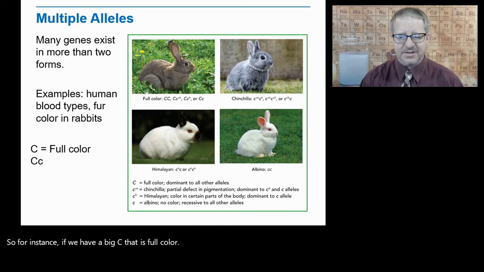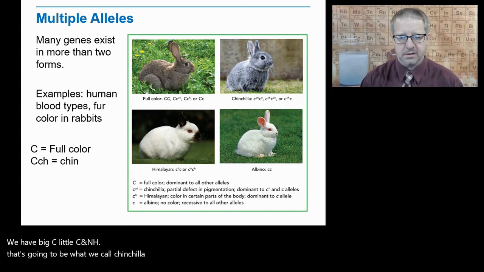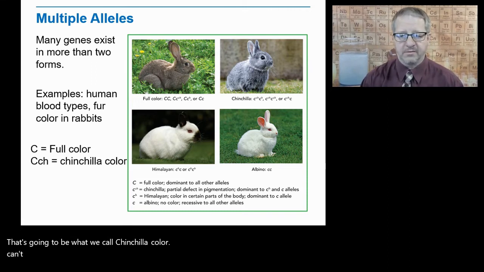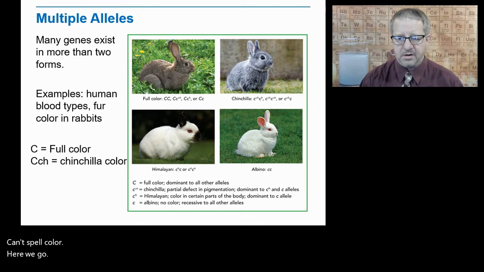If we have big C, little c, and an H, that's going to be what we call chinchilla color. If we have big C, little h, that would result in what we call Himalayan color.